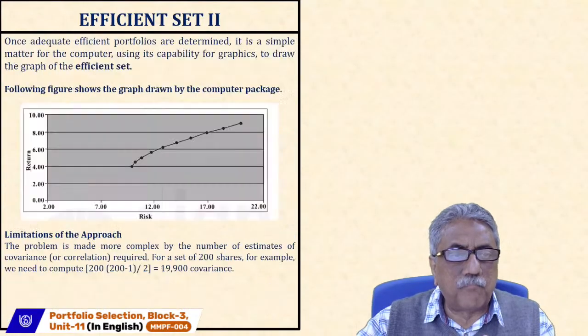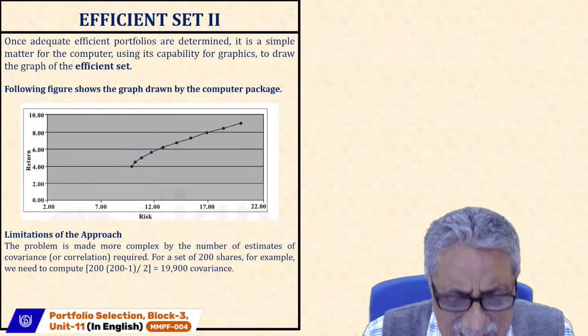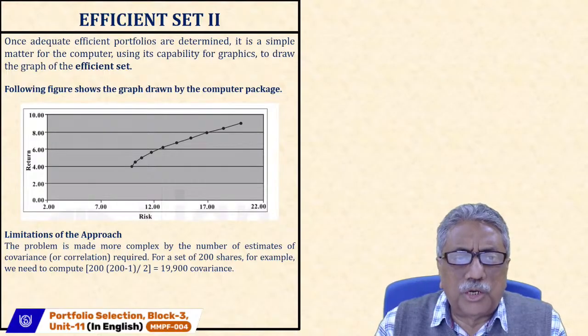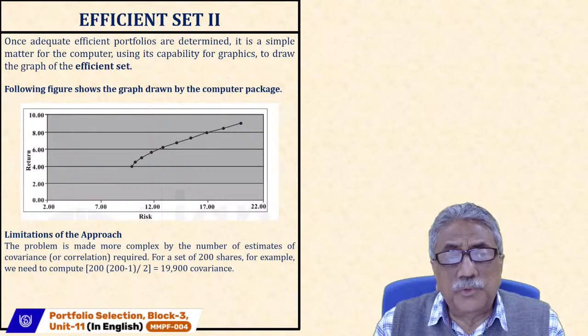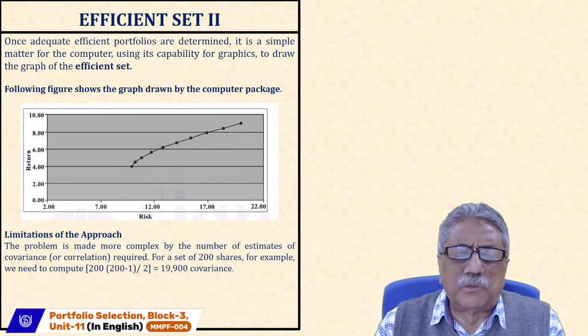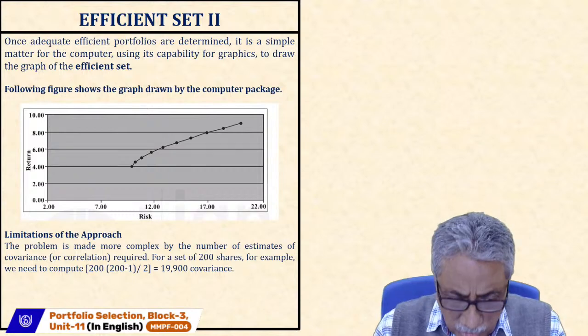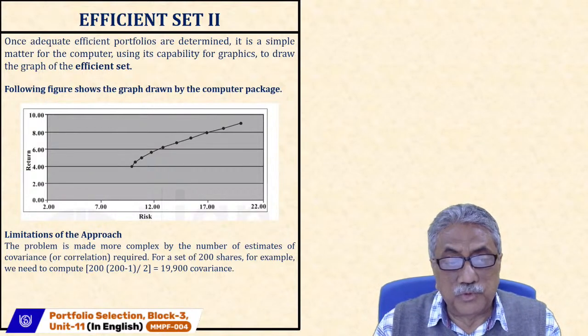Now, as a simple investor, you do not have computers. Even if you do not, you can calculate your 10 or 12 stocks and build up your portfolio, which perhaps for your risk level can be quite an efficient portfolio.